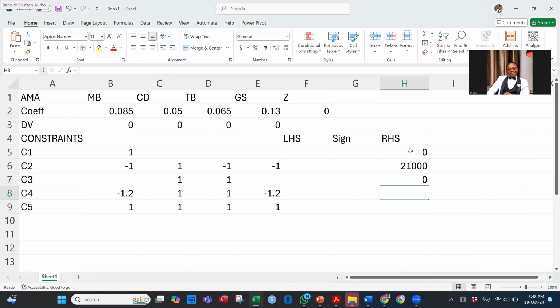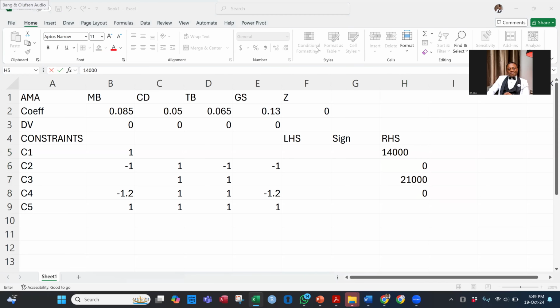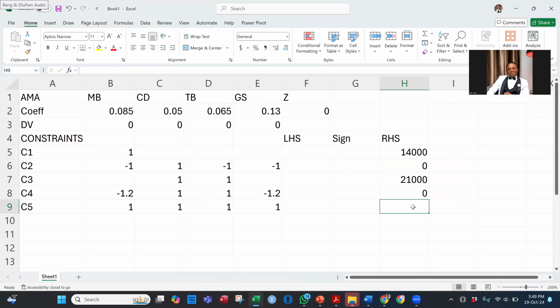You see, none of you was following, so none of you was even correcting. So first had 14,000. So let's write 14,000. Then the last one is 70,000. So you write 70,000. So this is how the constraints are.